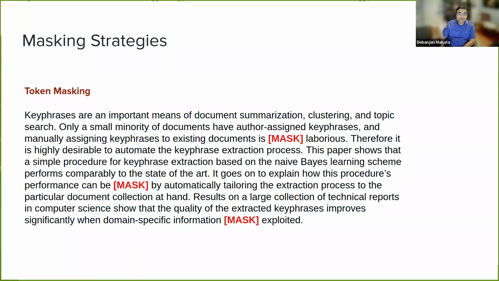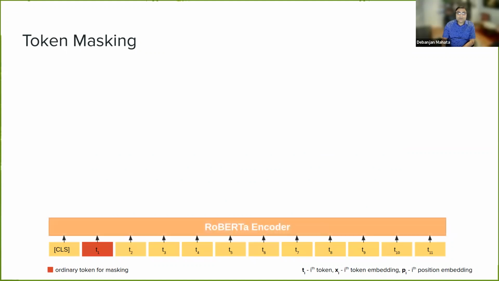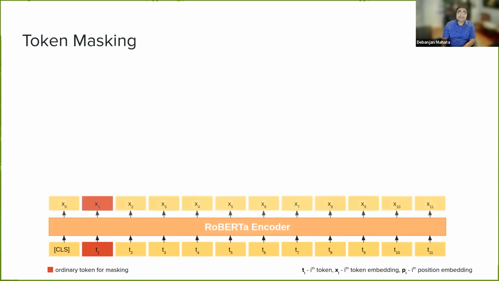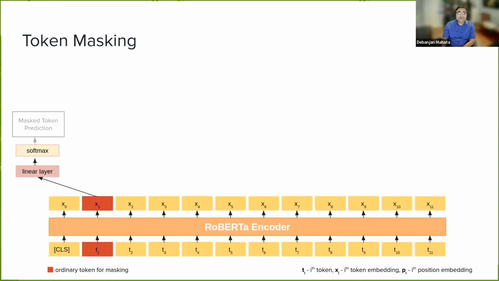There are various ways to select these tokens. We apply token masking and build on top of RoBERTa. Our KBIR model masks tokens very similarly to RoBERTa, and then tries to predict the tokens.